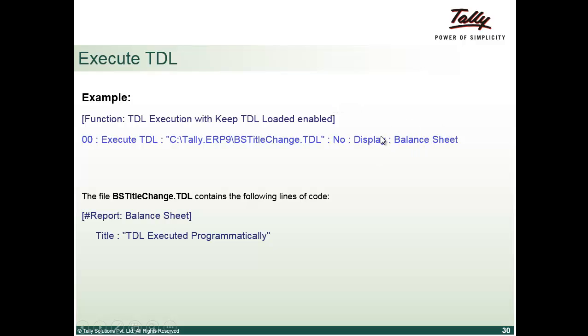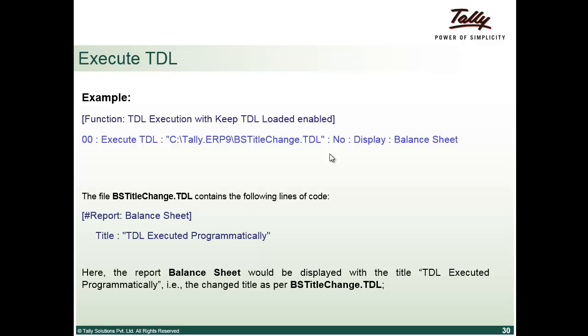When I display my balance sheet, I'll see that the title, which by default is Balance Sheet, now gets changed to "TDL executed programmatically". Once the balance sheet gets displayed, that is, the action is performed, this particular TDL will be unloaded. So let's see what is the next step of the function. Here the report balance sheet would be displayed with the title "TDL executed programmatically", that is, the changed title as per the TDL which is loaded.